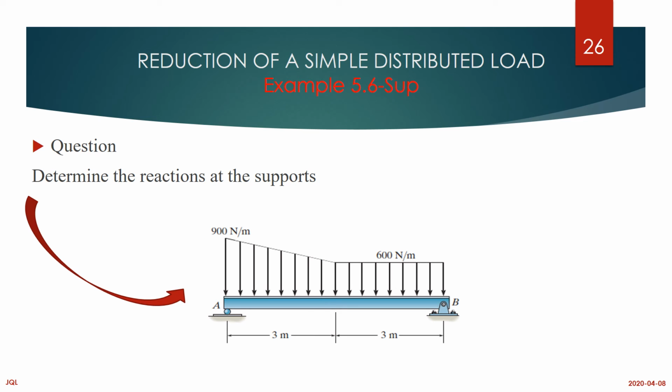Another question. Determine the reaction at the supports. Now, the reaction that you are looking for, if you remember from lecture 5, this is a roller, which is going to allow the translation in the horizontal, but it won't allow it in the vertical.